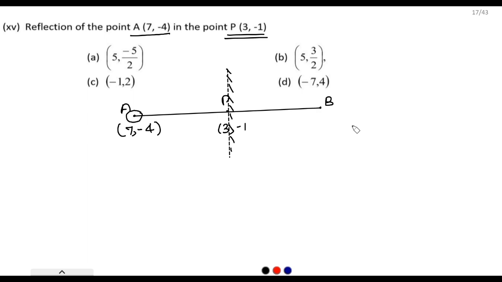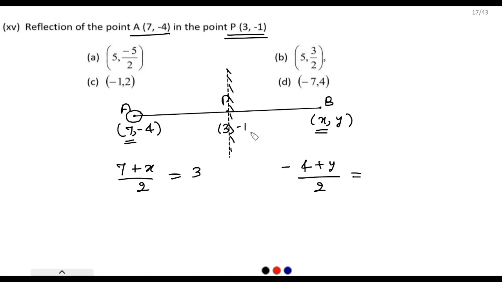Apply the midpoint formula and find the reflection of A. Suppose it is (X, Y), then P is the midpoint. It means X1 plus X2 upon 2 will be equal to the X coordinate of P, and Y1, minus 4, plus Y2 divided by 2 is equal to the Y coordinate of P, because P is the midpoint of AB.